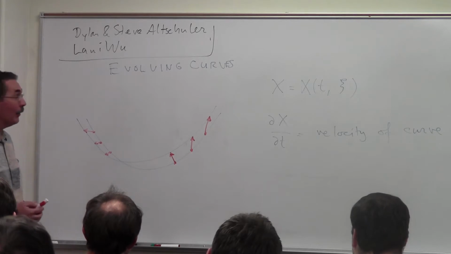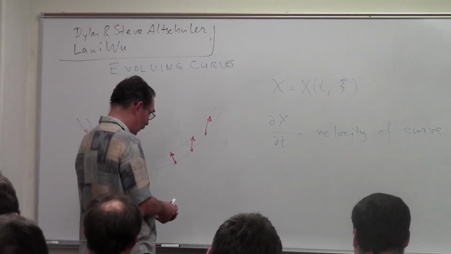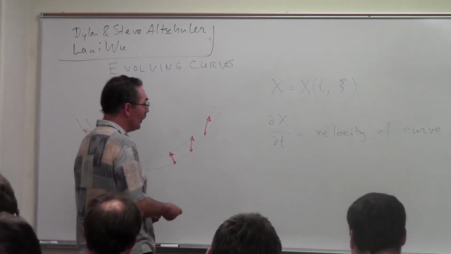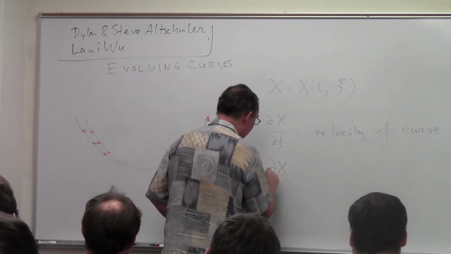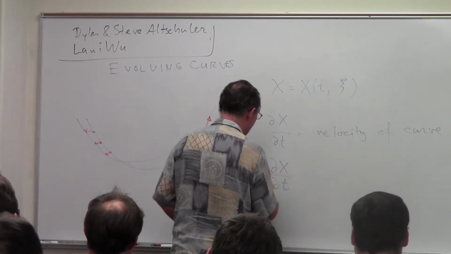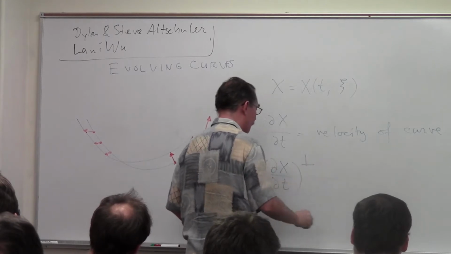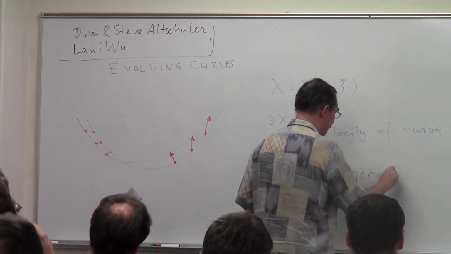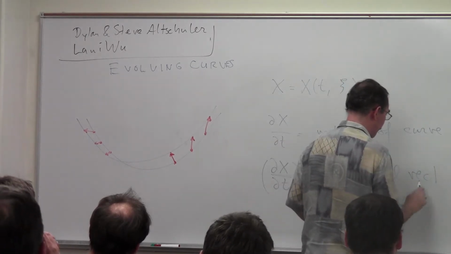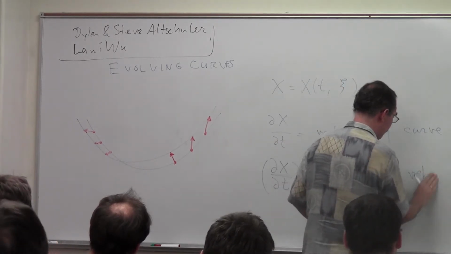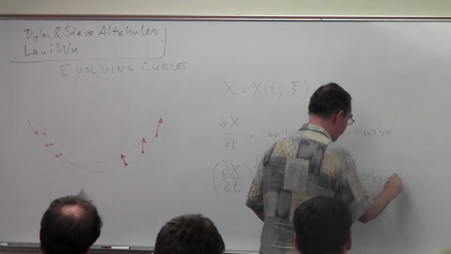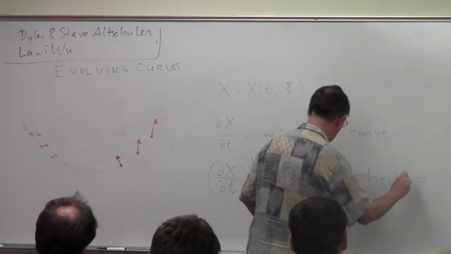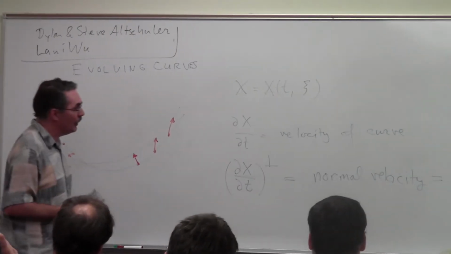The quantity that we care about is the normal component. So the important component that we look at is the normal velocity.